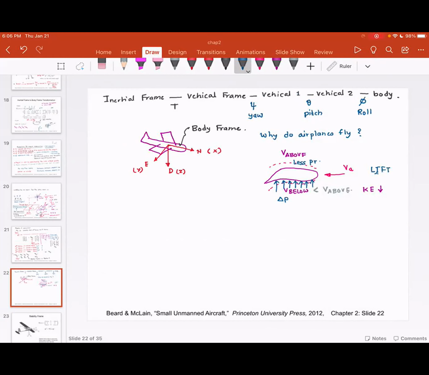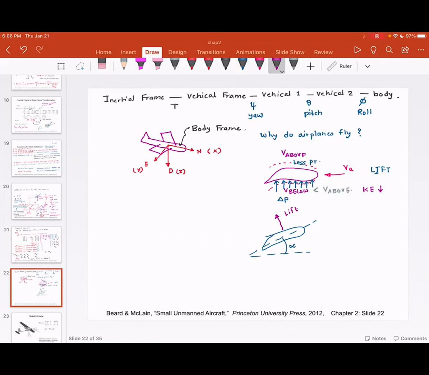And here is something very interesting. This airfoil makes a certain angle with respect to the incoming stream of air. Think about it like this: if this airfoil is of this shape and making an angle alpha, the airfoil is going to experience a lift.